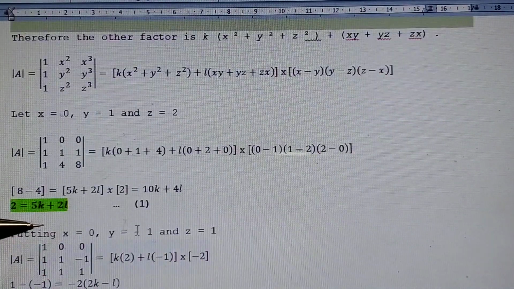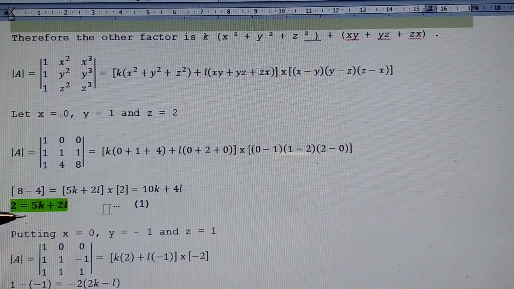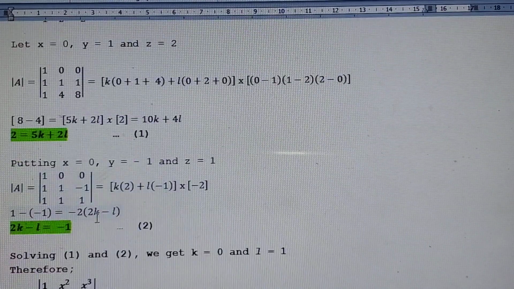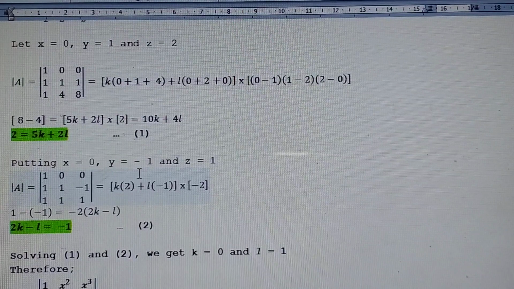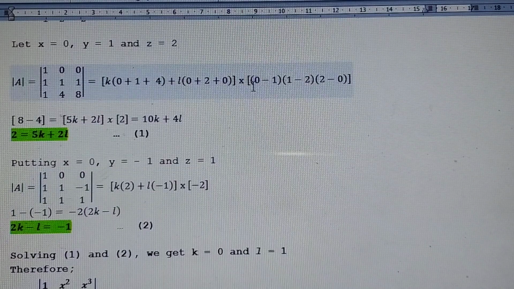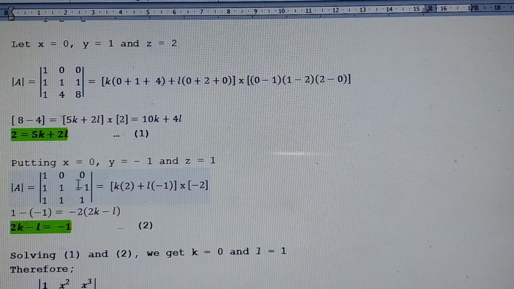So, magka-come out tayo sa equation 1 natin na yung 5k plus 2l is equals 2. Then, dahil dalawa yung ano natin, k and l, another trial, x is equals 0. Then, yung y ay equate natin sa negative 1 at yung z ay 1. Ayun, upang mapabilis naman.